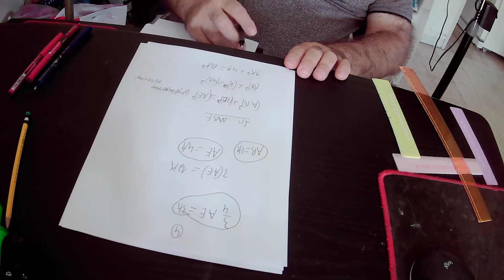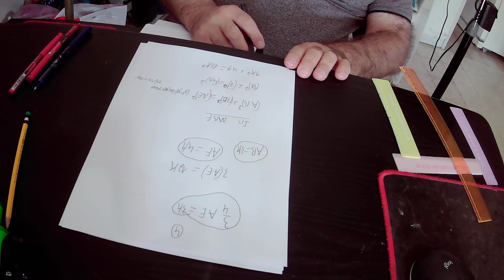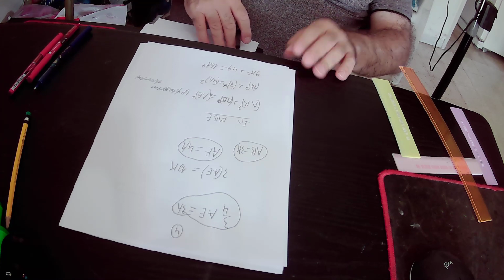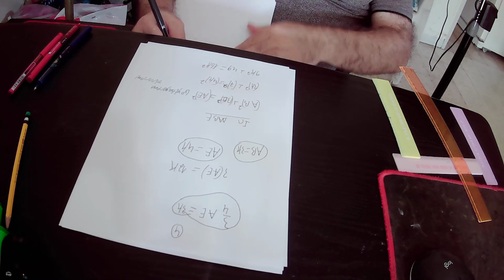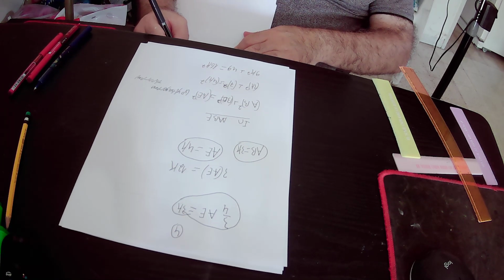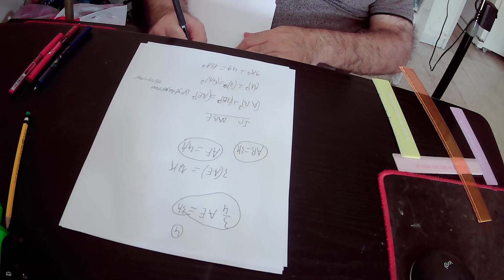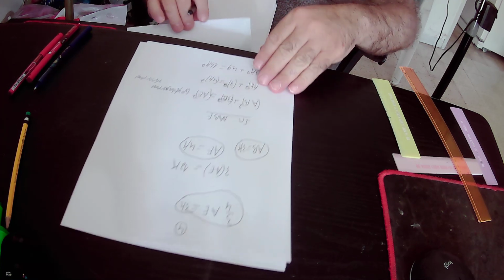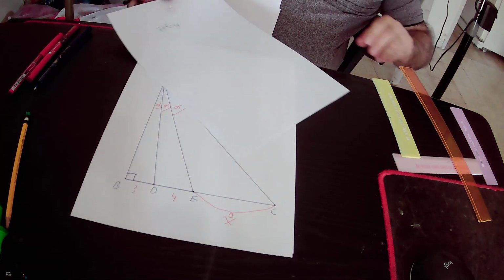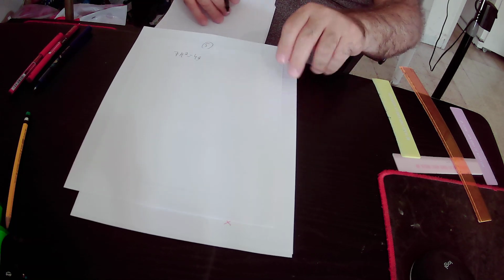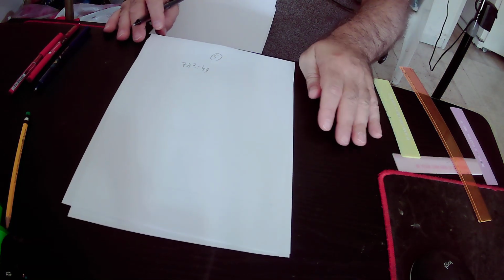So here we will subtract 9K square from this equality, and we will get that 16 minus 9 is 7, so 7K square equals to 49.